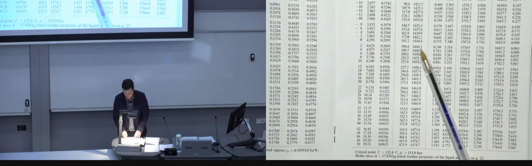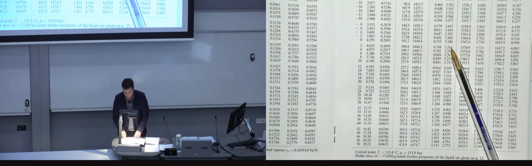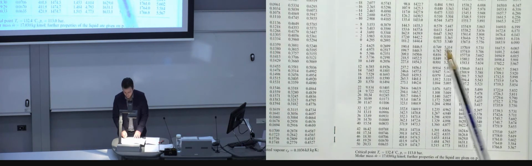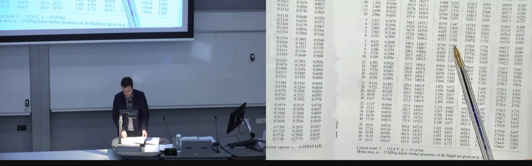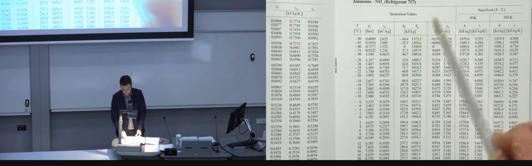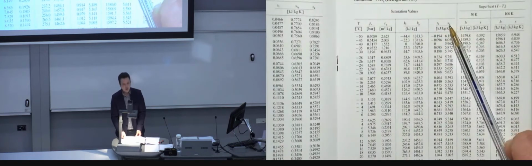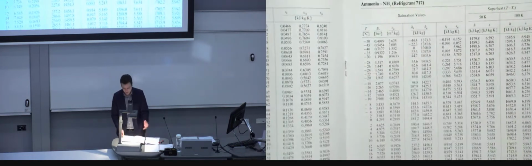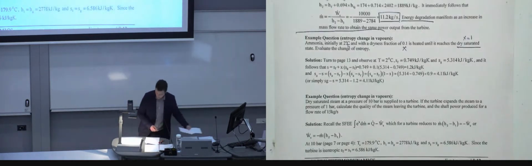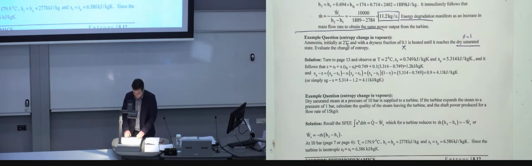Then you read off the values on this row. The things you're interested in are SF and SG. These are the 2 numbers you get from the tables. Note the units, kilojoules per kilogram Kelvin. It's very important to read that information from the top of the column, especially when it comes to conversion of the units. So the 2 numbers you find are SG and SF.